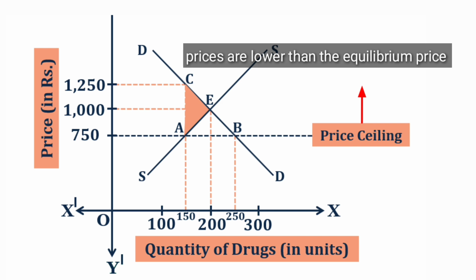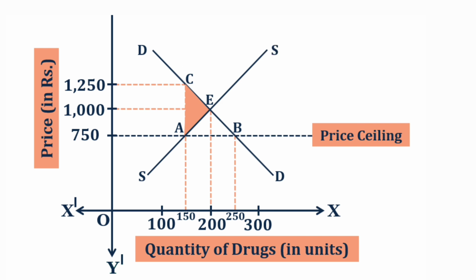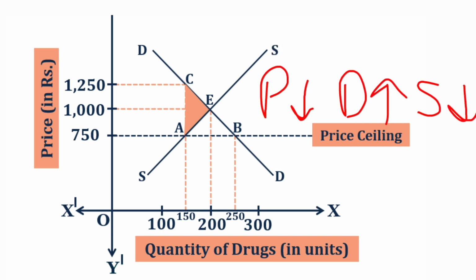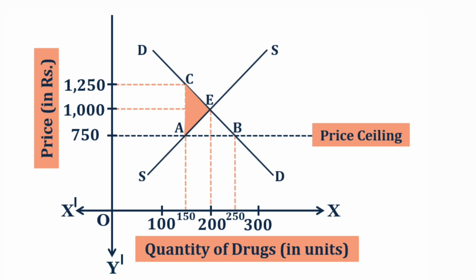Now, the ceiling price is likely to impact the market supply and market demand. As we all know, when prices reduce, demand will increase and automatically the supply will contract. Here you can see our supply has contracted from 200 to 150, right?